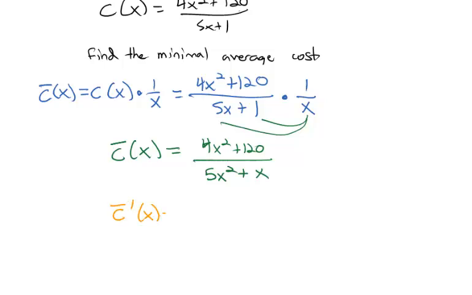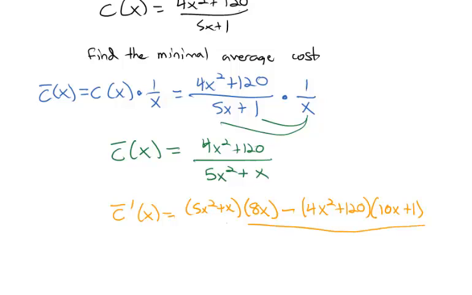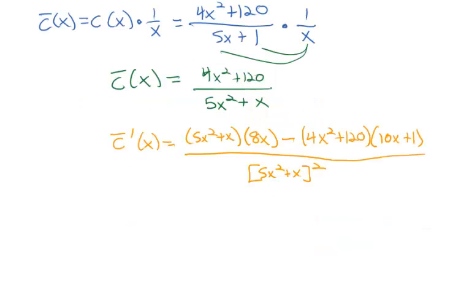So C bar prime of x, the derivative of this, notice it's a quotient: low, 5x squared plus x, d high, 8x, the derivative of the top, minus high, 4x squared plus 120, d low, the derivative of the bottom, 10x plus 1, all over the square of the bottom, 5x squared plus x squared. And away we go with all of the algebra.